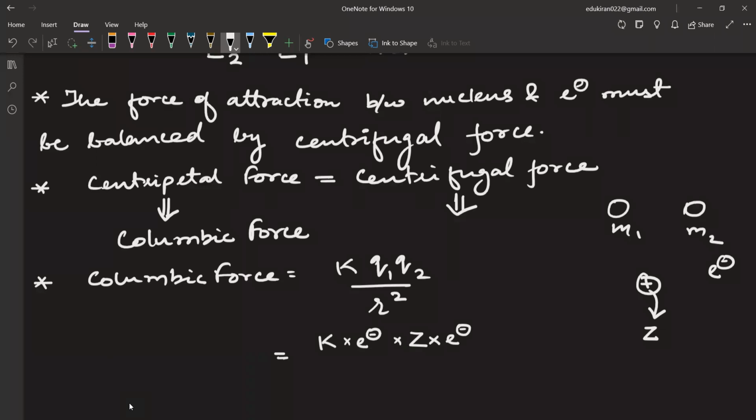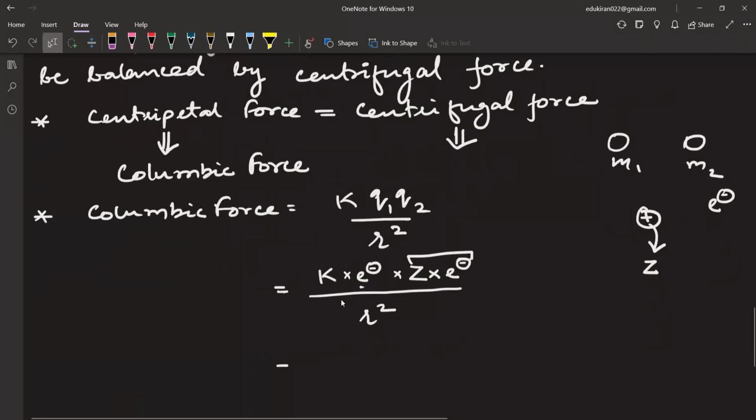They only differ in signs. That is why we have E for electron, and this Z into E is for the protons, divided by R square. What will you get in this? This will be equal to K Z E square upon R square.